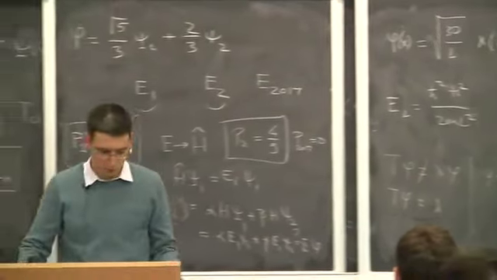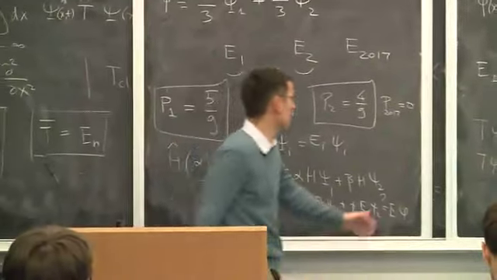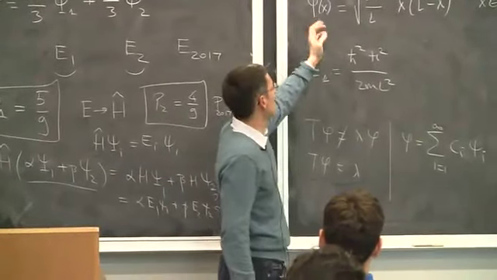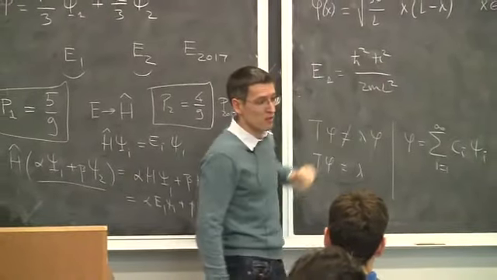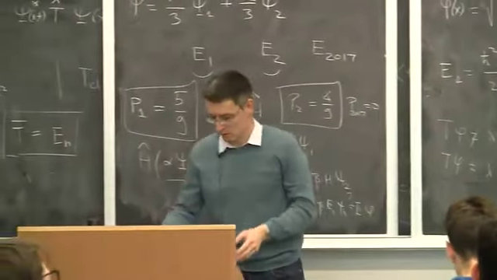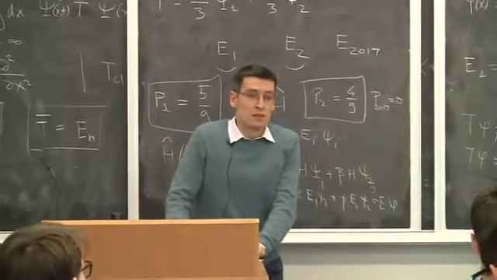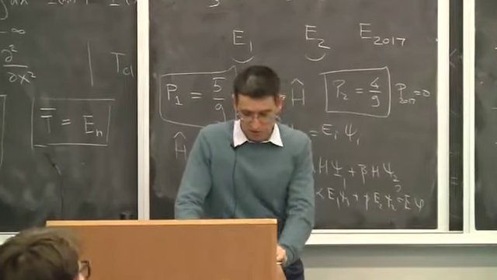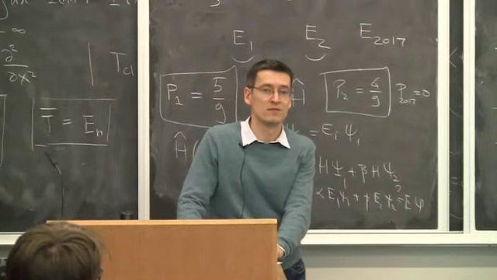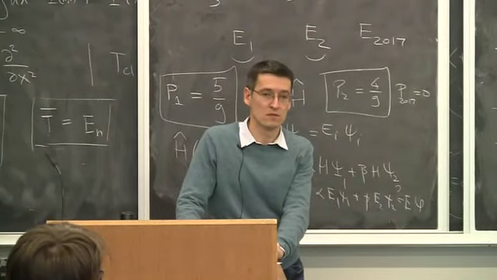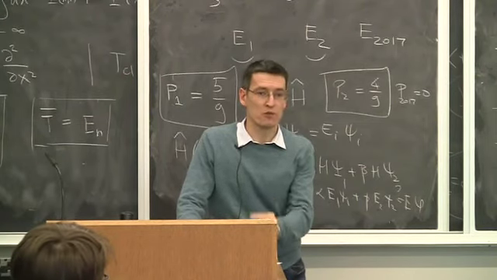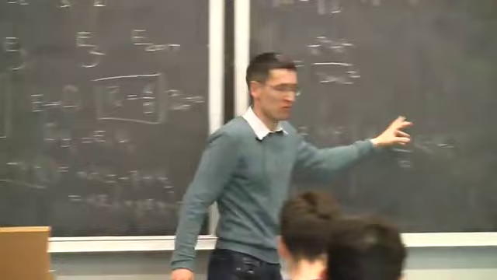So what do we need to do to obtain the probability of getting this value when we measure energy of the system that is described by this function? What do we need for that, to get that probability? Coefficient, that's right. So what coefficient? The probability is given by the square of the coefficients. Right, but which coefficient? There are an infinite number of these coefficients, right?